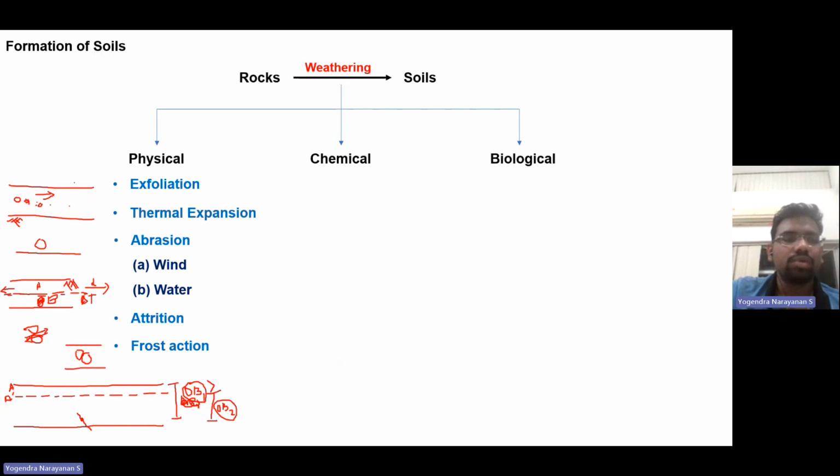When these particles interact between themselves, it is known as abrasion. And when these particles interact with the ground, which results in further erosion, this is known as attrition.